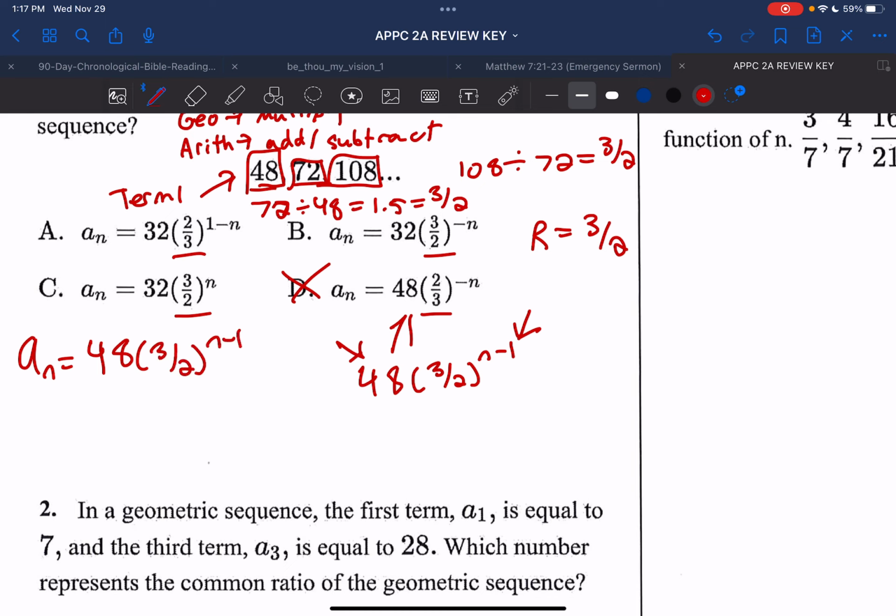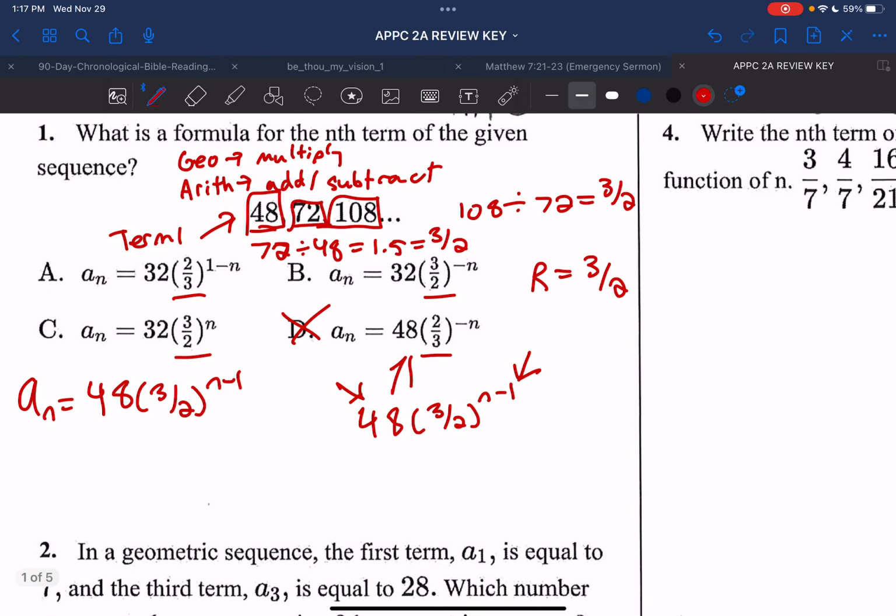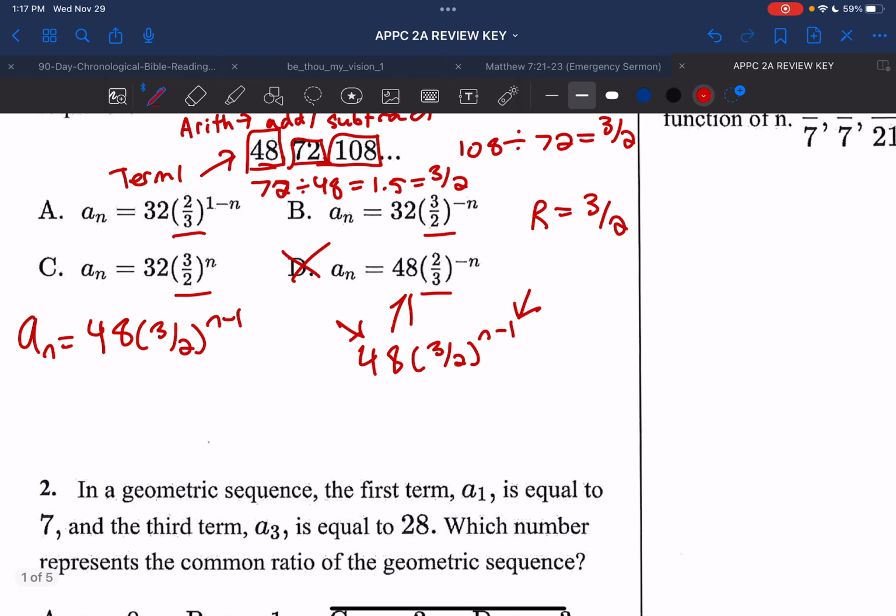That's writing it out as I normally would, but to write it for just term n, there's two ways you can do it. You can use the exponent rules to break it apart. So 48 times 3/2 to the n times 3/2 to the -1. Breaking this apart because when I multiply, I add here.